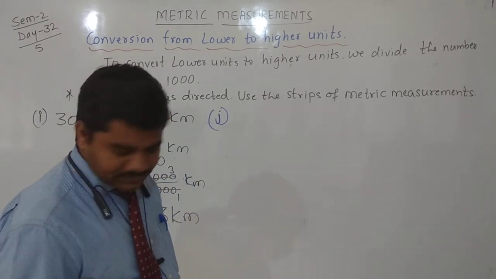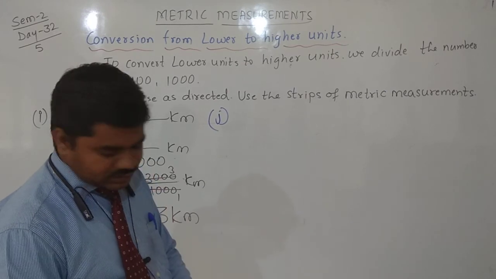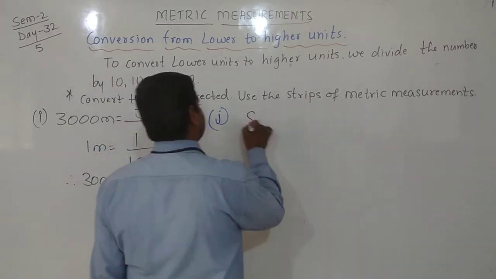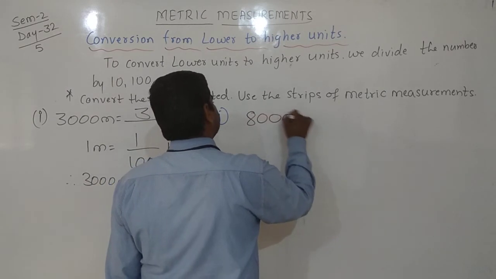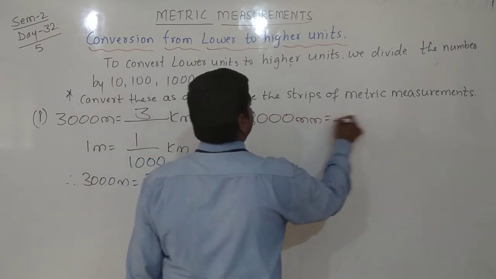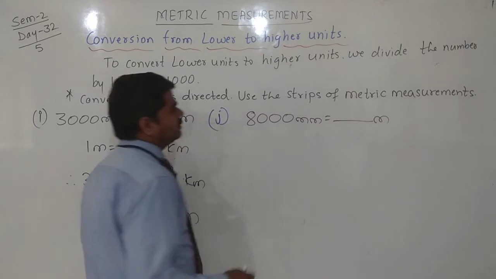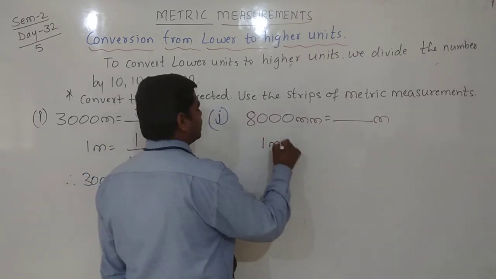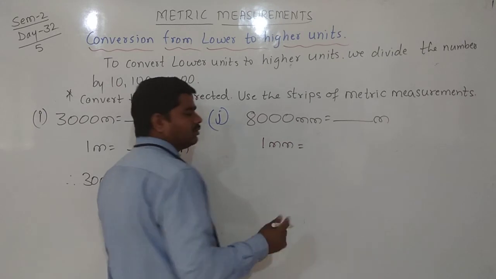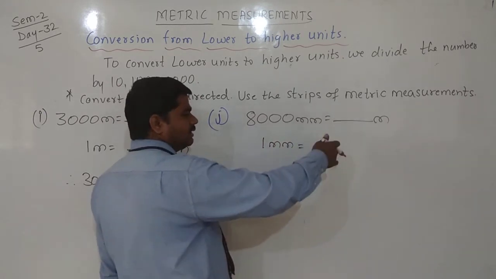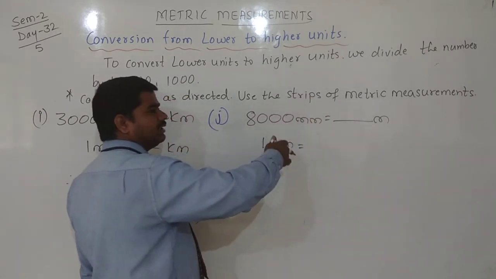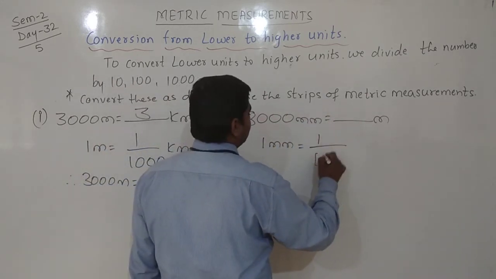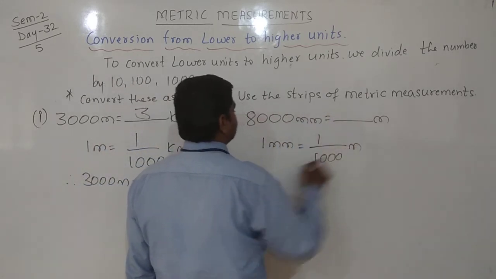Yes, J, 8000 millimeter to meter. You convert millimeters to meters. Yes, then 1 millimeter is equals to, millimeter to centimeter, centimeter to decimeter, decimeter to meter. 3 places, 1 by 1000 meter.